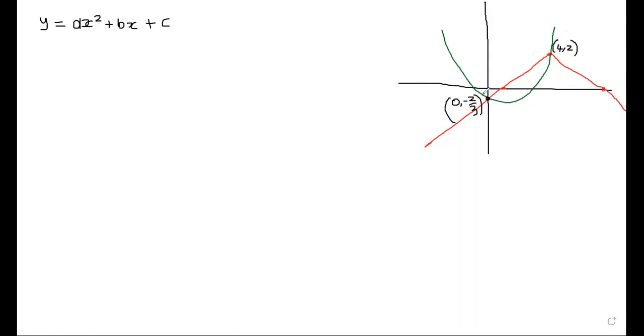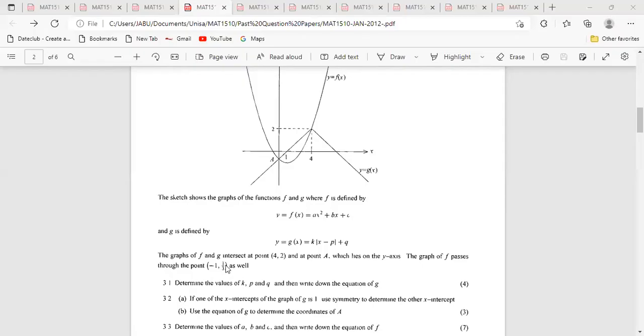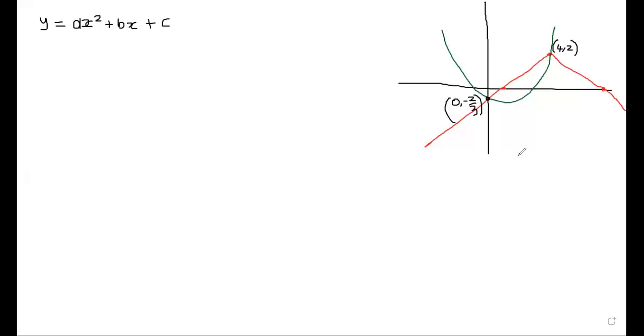We know this one and this one, but I think we are also given the third point that we can use for 3 equations. So even here, the graph of F passes through the point -1 and 1/3 as well. So we have 3 points that lie on the graph of F. This is enough information.